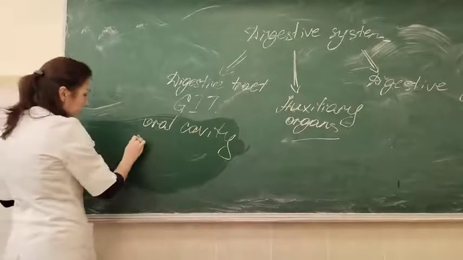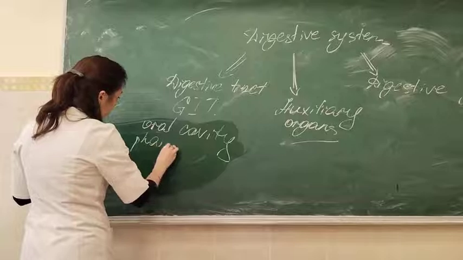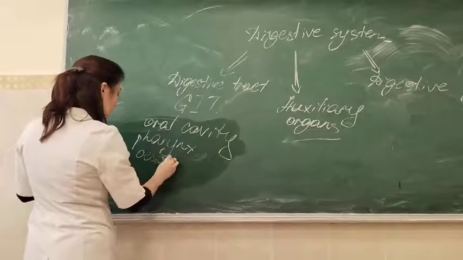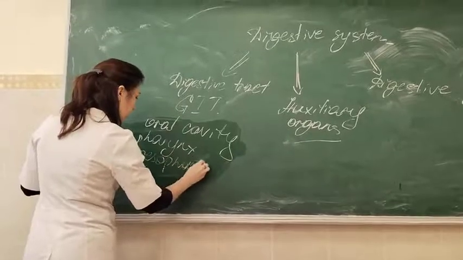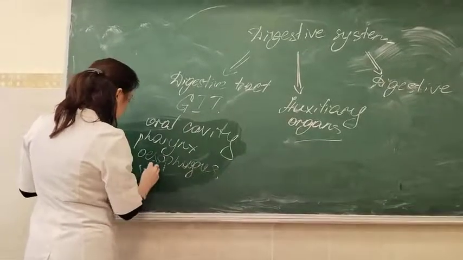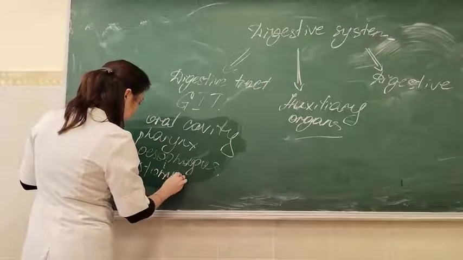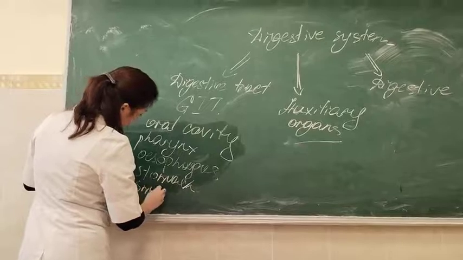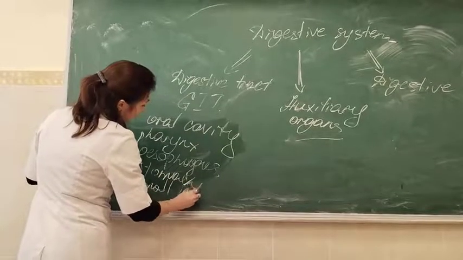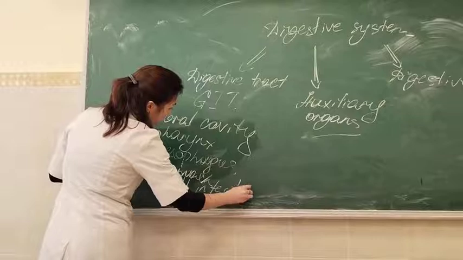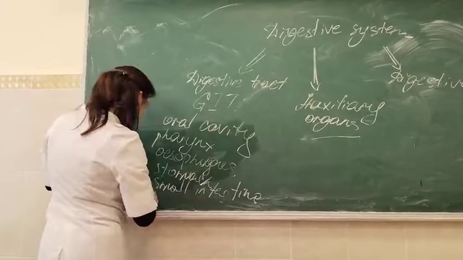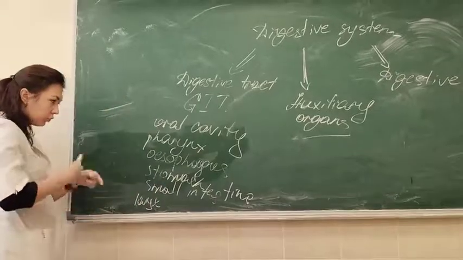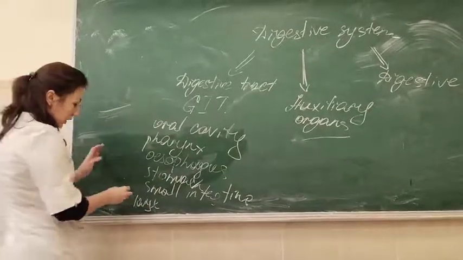And then from the pharynx, esophagus. And then stomach. And then small intestine and large intestine, rectum and anus. So these are all the organs through which food and products of digestive glands pass.